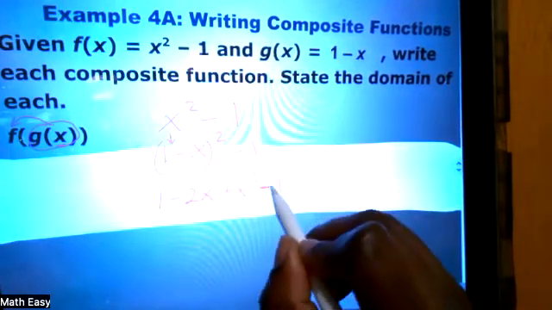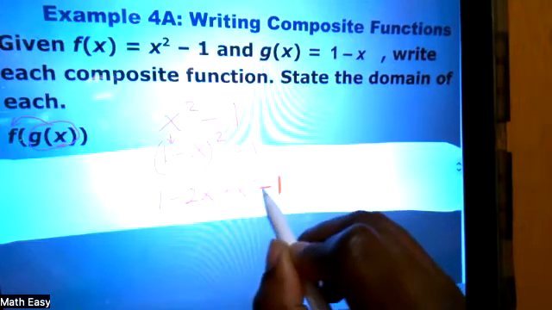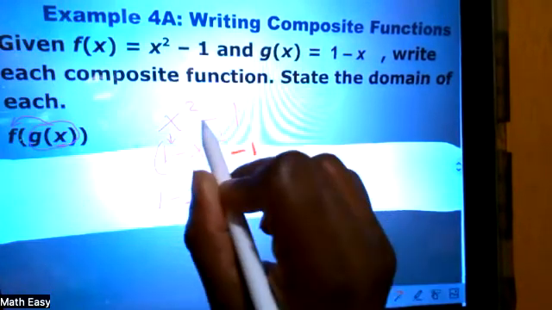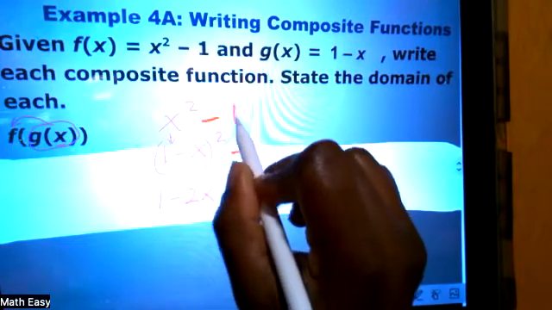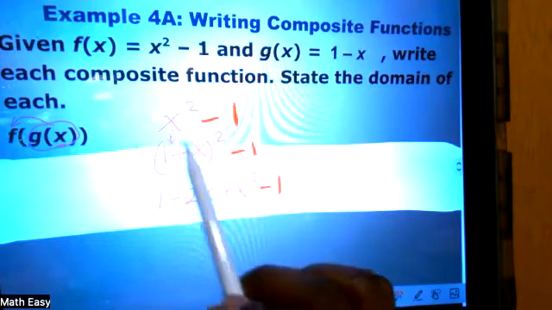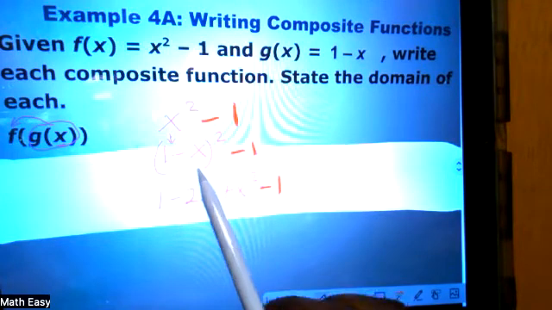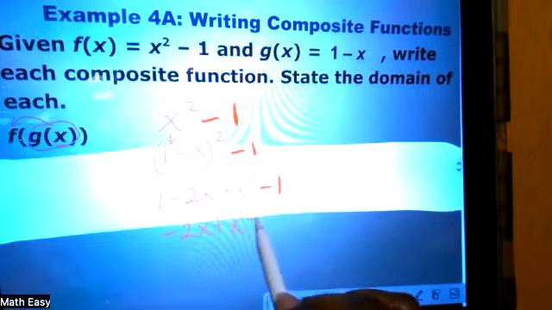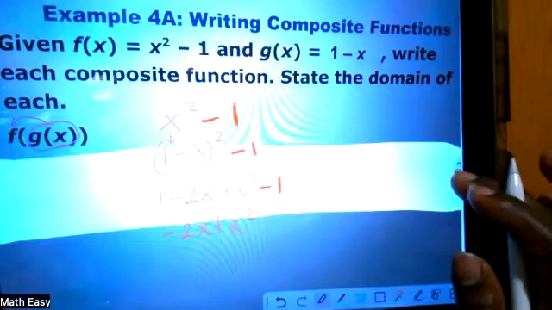So this is the -1, and this x here is replaced by our g function. And this expanded gives us this. So now we can simplify, and these two will cancel. We're left with -2x plus x squared. All right.